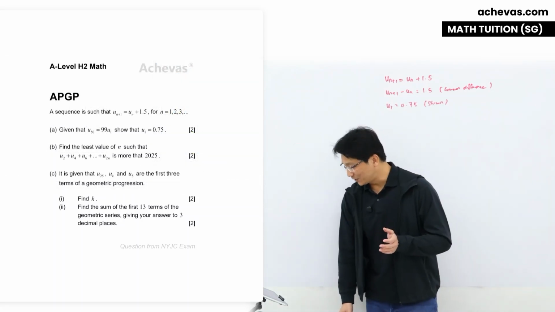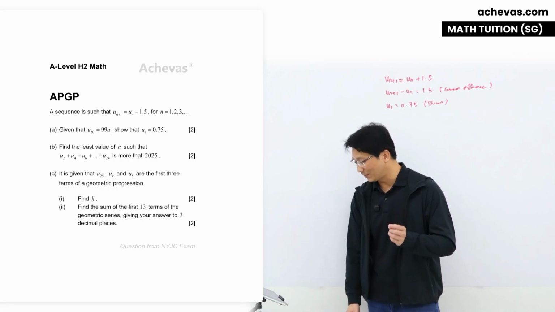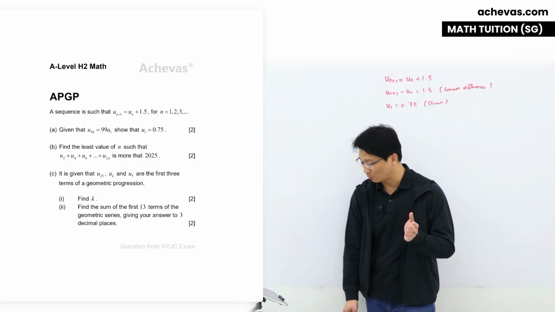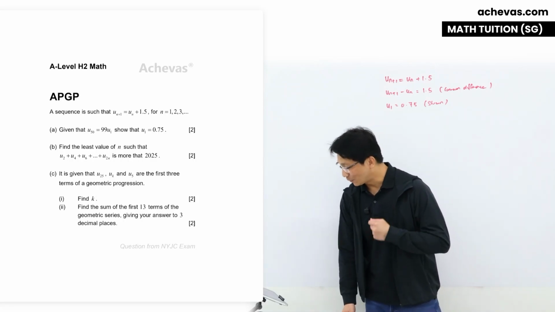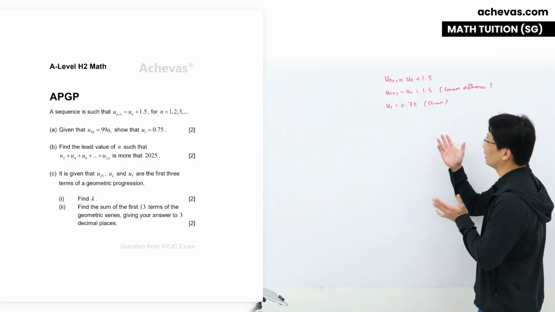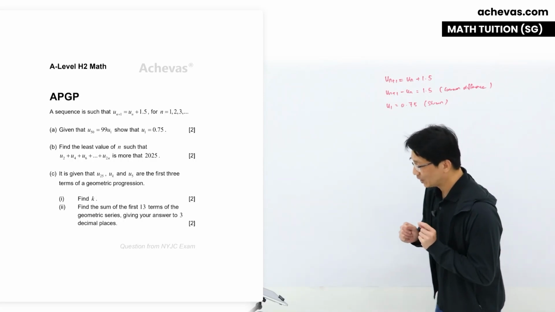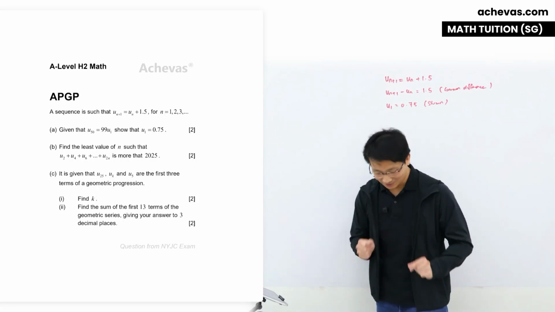In part C of this question, it is given that U25, Uk, and U5 are the first three terms of a geometric progression. Part 1 wants us to find the value of k. We have already shown from our previous part that Un is an AP. So later on, perhaps we have to make use of this information. Let's keep it in mind first.